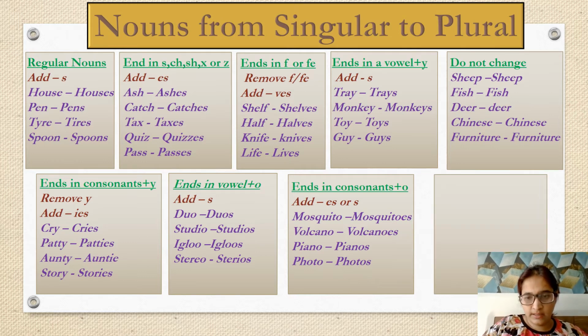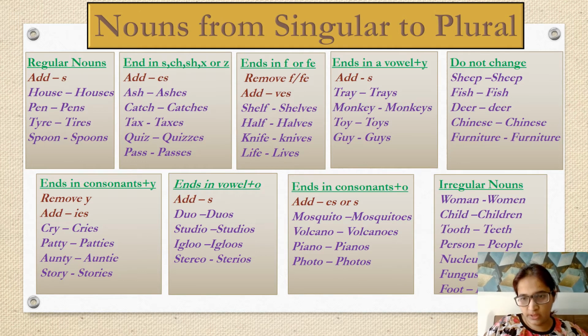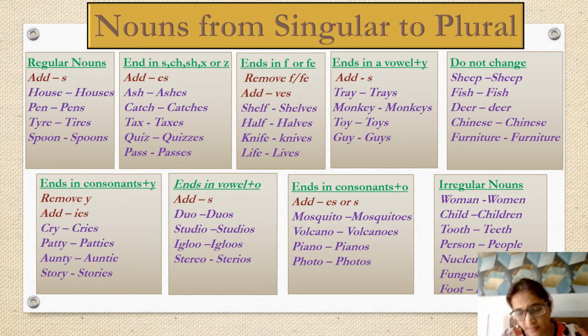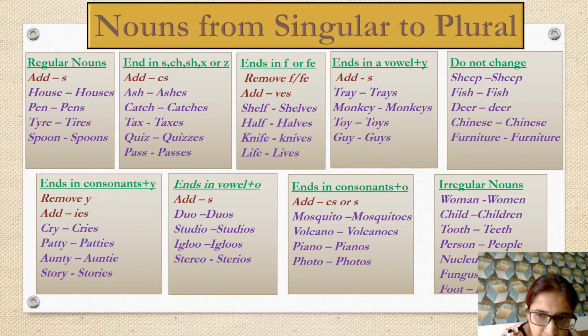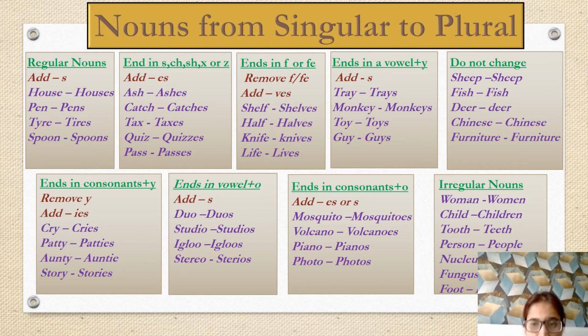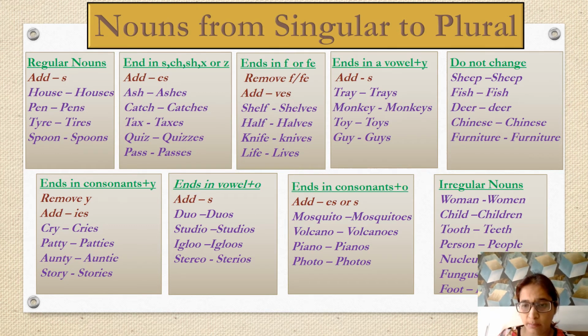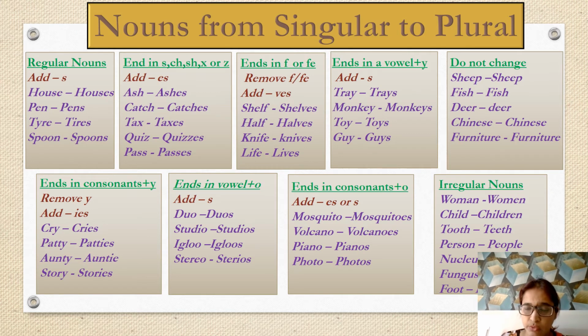Now let's come to the last case, which is irregular nouns. In such a case we do not actually have a particular rule, because in these cases the noun completely changes in its plural form.